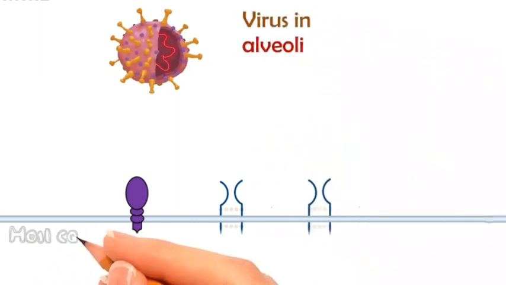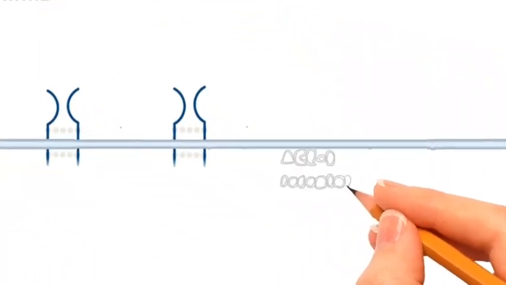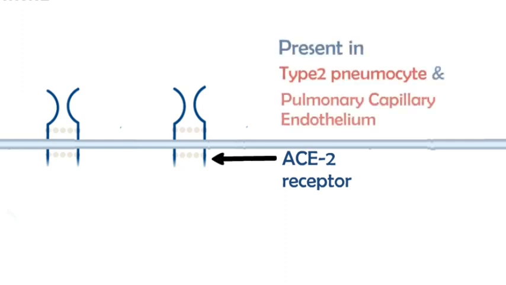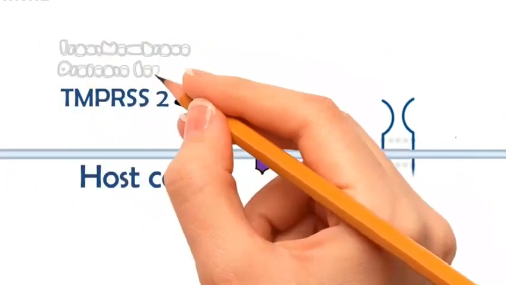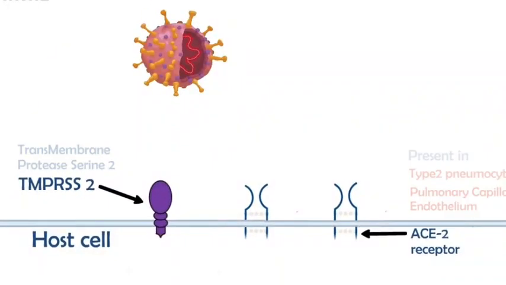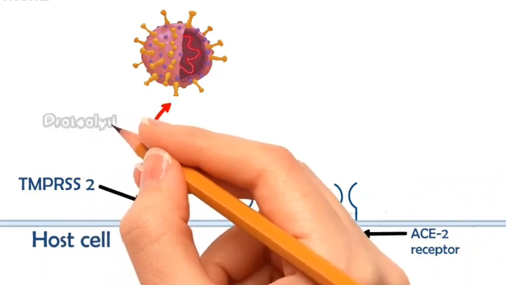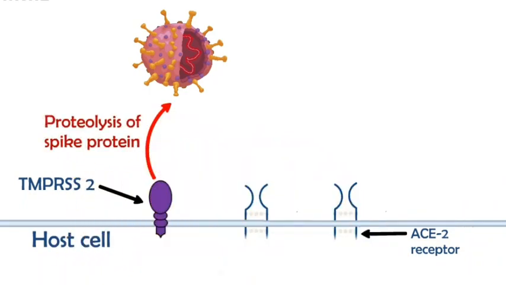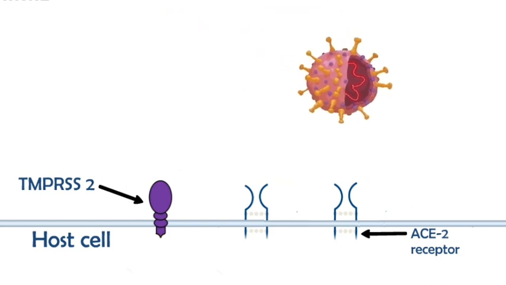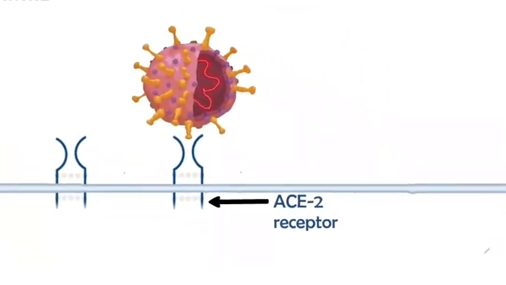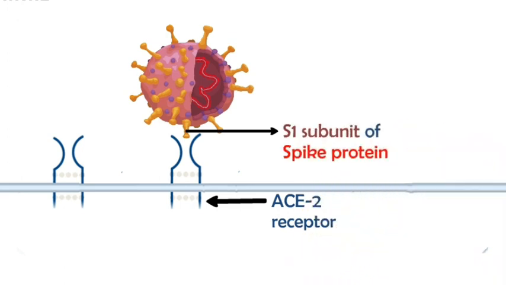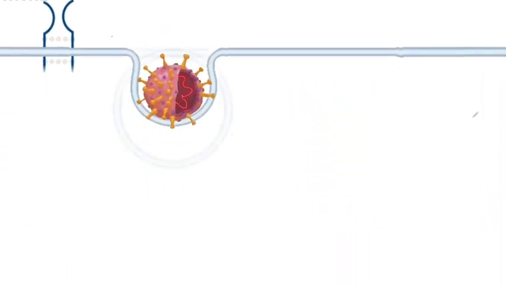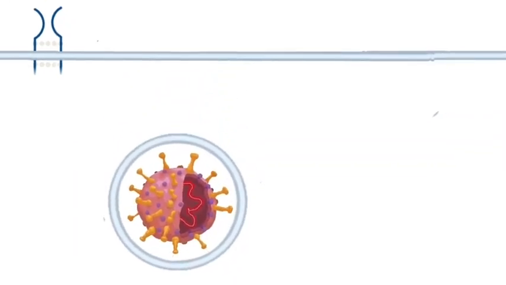In the alveoli of lungs, ACE2 receptors are present in the type 2 pneumocytes and the pulmonary capillary endothelium. The transmembrane protease serine 2 present in the host cell is involved in the proteolysis of the spike protein. The S1 subunit of the spike protein then binds to the ACE2 receptors and endocytosis of the virus occurs.